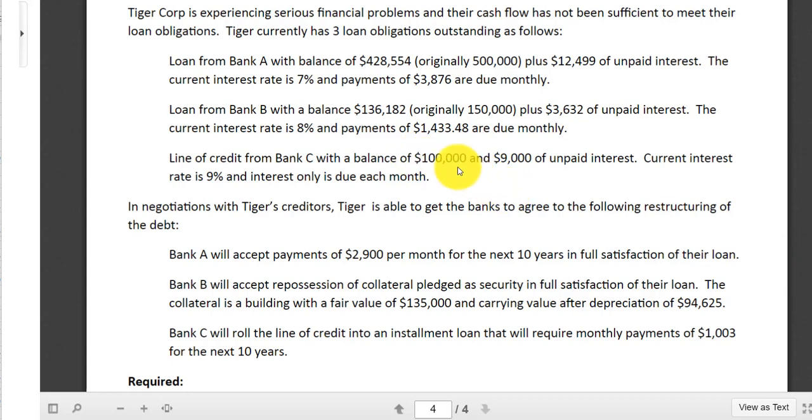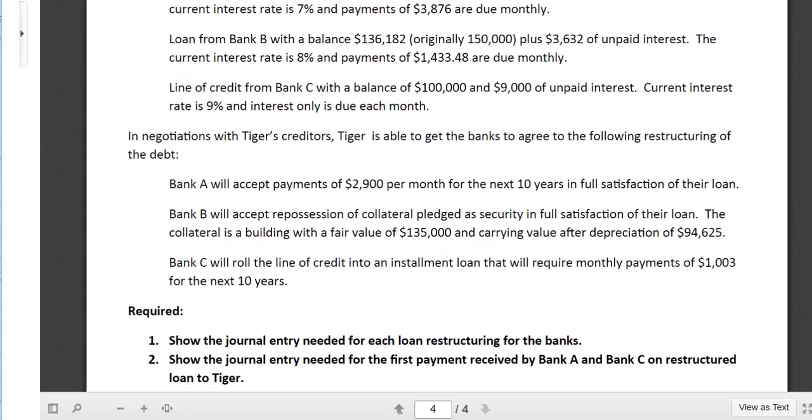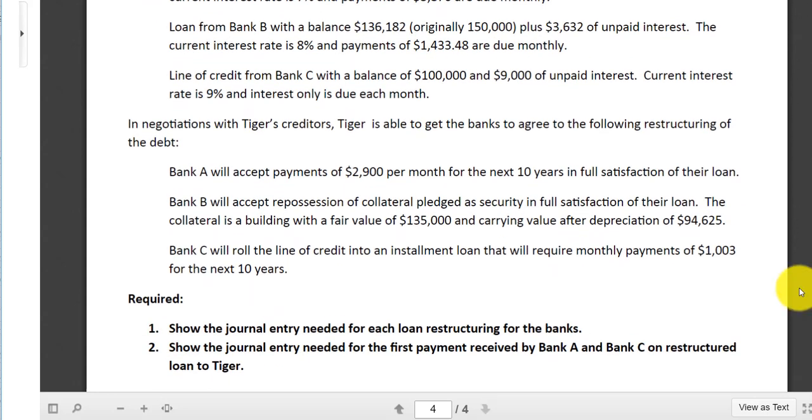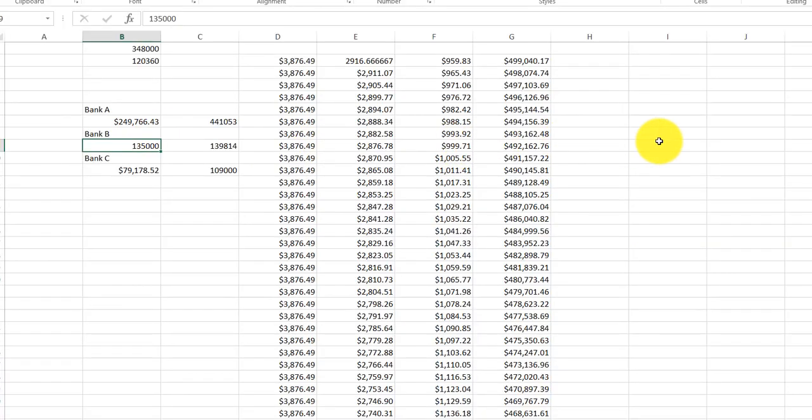So we have the terms here currently, and this is the proposed new terms. So we need to look at what we would do for these loan restructurings. So we go over here to Excel to do some calculations.